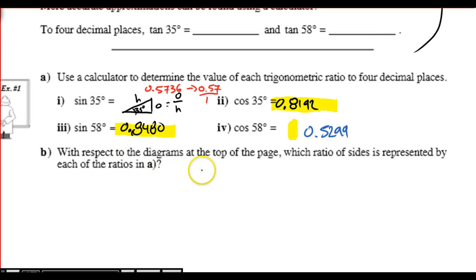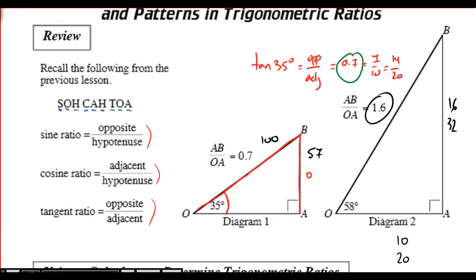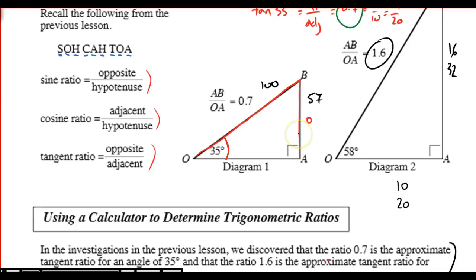So with respect to the diagrams at the top of the page, which ratio of sides is represented by each of the ratios in A? Well, this would be the sine ratio. The sine ratio would be AB over OB. That's sine 35. And cosine 35 would be adjacent, so it would be OA over OB.